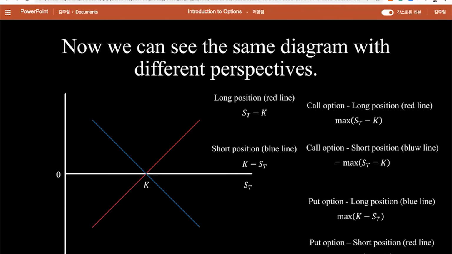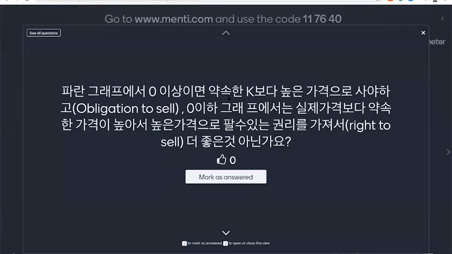So if you want to buy something, you are always on this red line. And if you have to sell something, you are on this blue line. So I'm not sure, but I have enough of an answer for it. If you cannot understand, just ask me again.